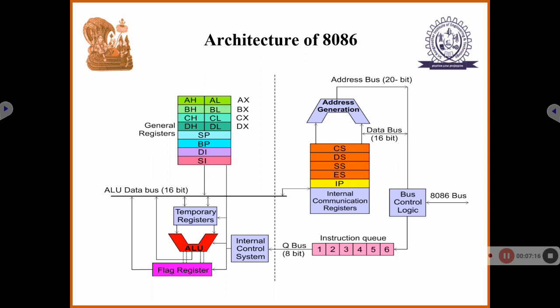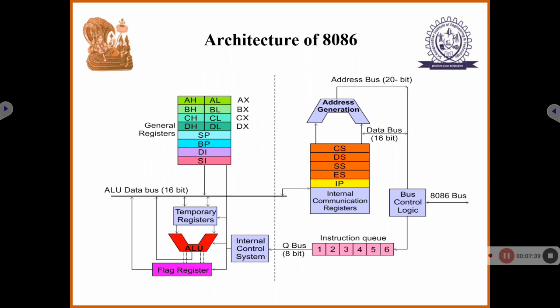We can divide AX into two registers of size 8-bit. One is called AH, the higher order bits, and the other is AL, the lower order bits. So we can divide 16 bits into two 8-bit registers, named AH and AL.